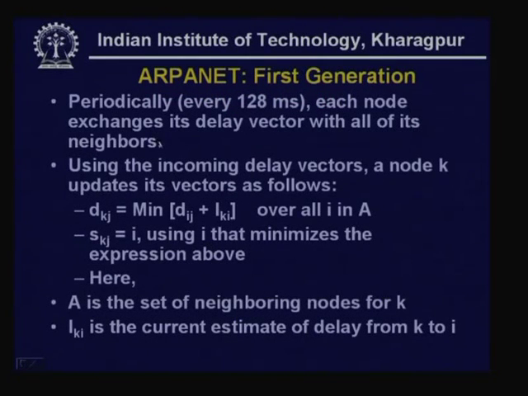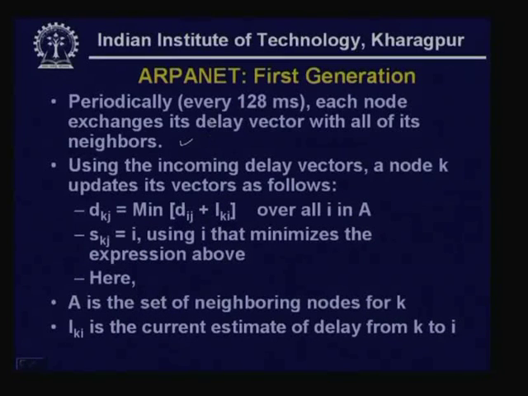Periodically each node exchanges its delay vector with all of its neighbors. As we have seen in the distance vector algorithm, which we have already discussed, the exchange of information takes place with the neighbors, not with all the nodes. So that is being done here, and the interval, as you can notice, is very frequent, at the interval of 125 milliseconds.